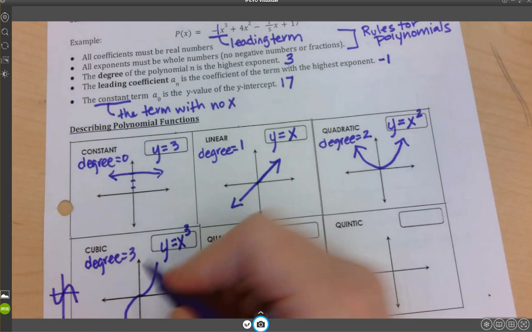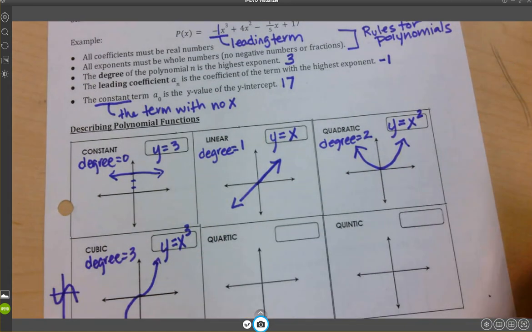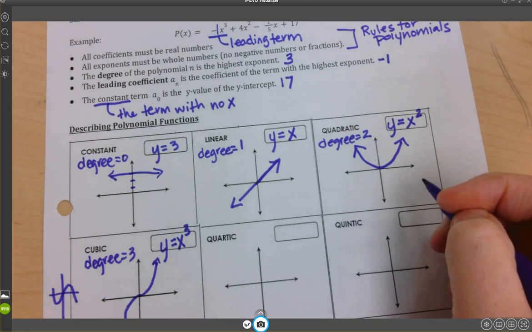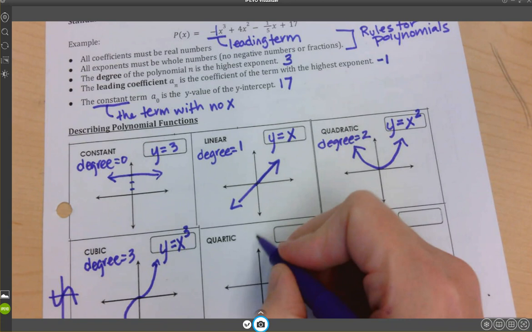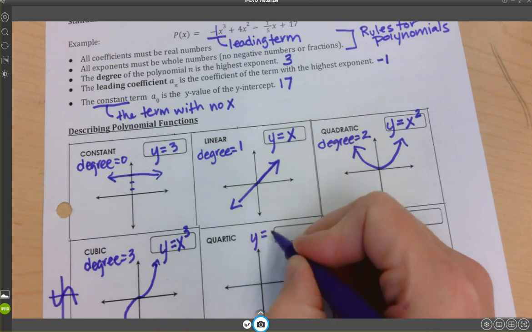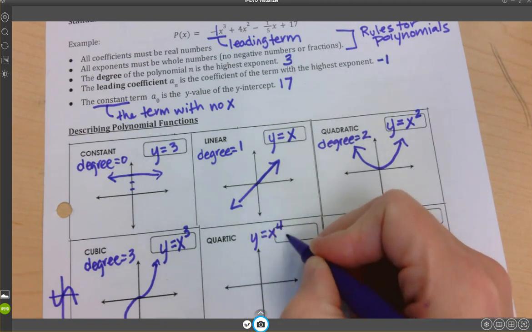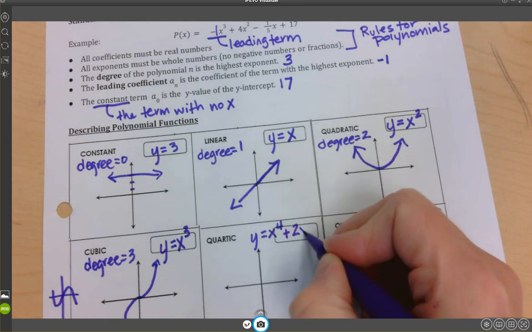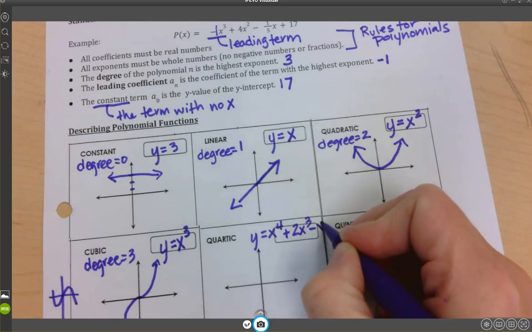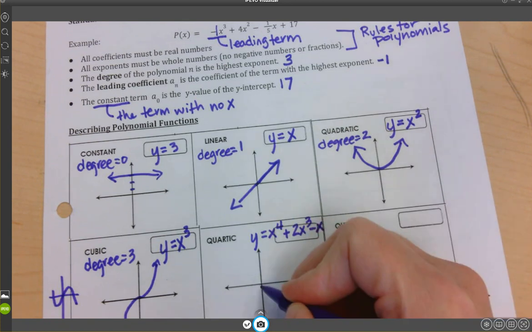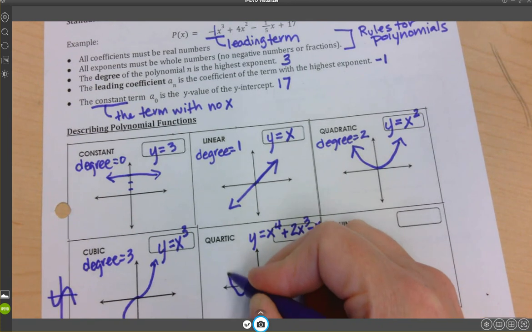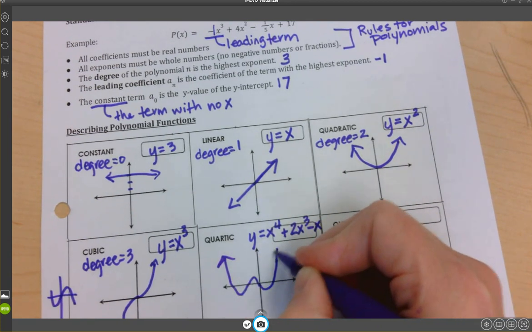Okay, remember that these will have arrows that make them go on forever. An example of a quartic function, and this is one that you can graph in Desmos so you can see its shape more precisely, might be y equals x to the 4 plus 2x to the 3 minus x, and that one is going to look a little bit like a W shape. So it'll be like that. So graph that in Desmos.